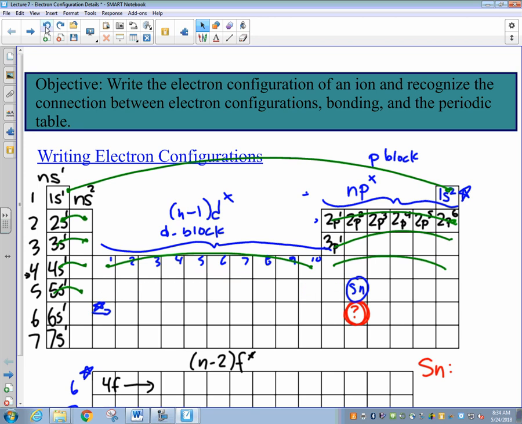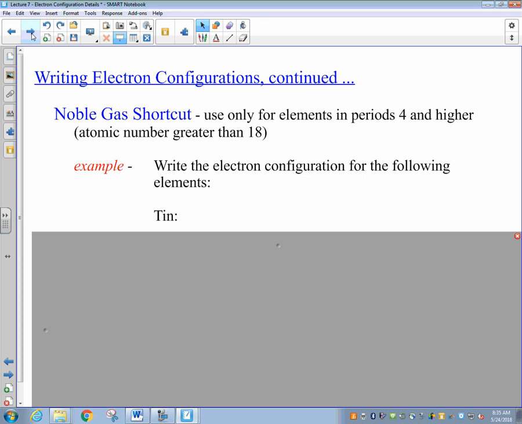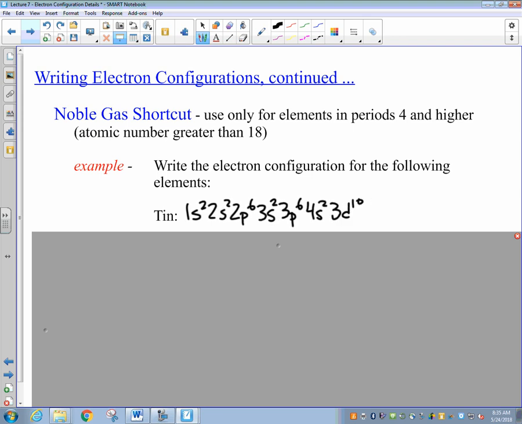So let's go ahead and again write that whole thing out on our next slide here. And again, that configuration was 1s2, 2s2, 2p6, 3s2, 3p6, 4s2, 3d10, 4p6, 5s2, 4d10, 5p2. So, huge configuration, pain to write.